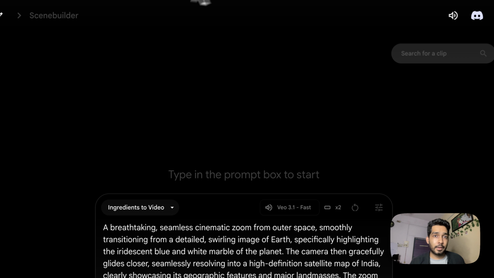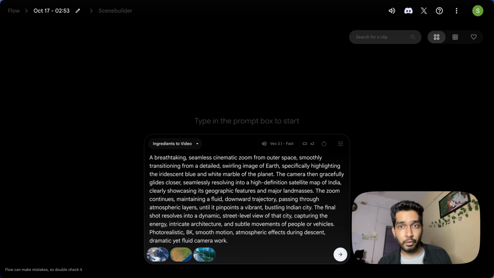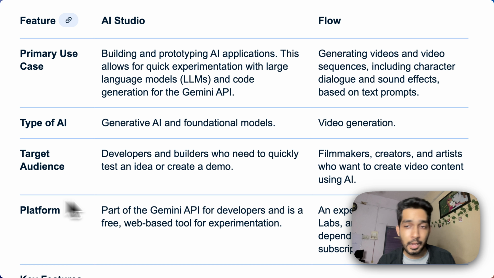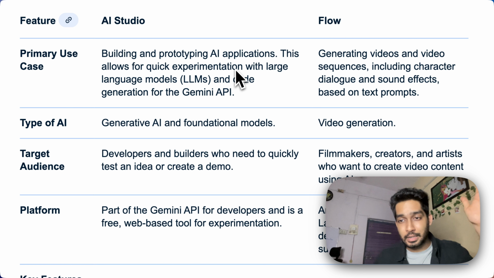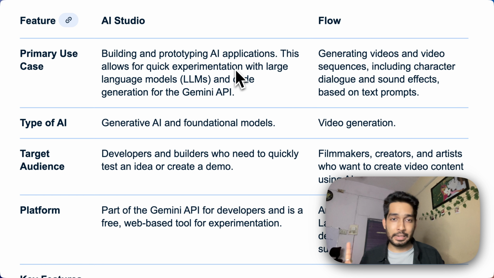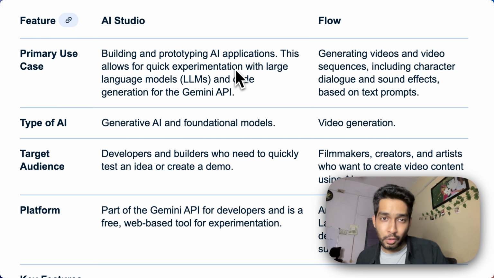And if you want to quickly go through the differences between AI Studio and Flow, here's a comparison table. Primarily, AI Studio is built for developers. So if you are building AI apps on top of APIs from Google, you would want to use AI Studio, where you can quickly test out your product ideas, build an app and launch it.